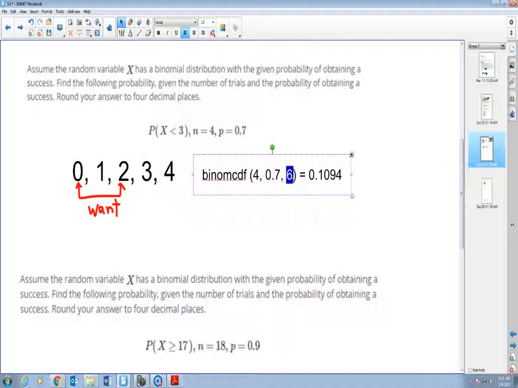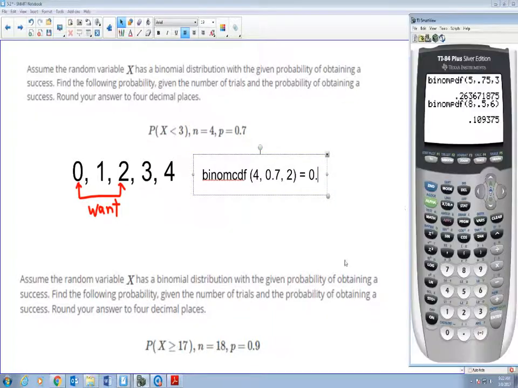A lot of students will put a 3 right here, but you do not need to put 3 because you don't want 3. What you want is from 0 all the way up to 2, so here I need to put 2. The calculator will find the probability of 0 successes, 1 success, and 2 successes, and add them up for you.